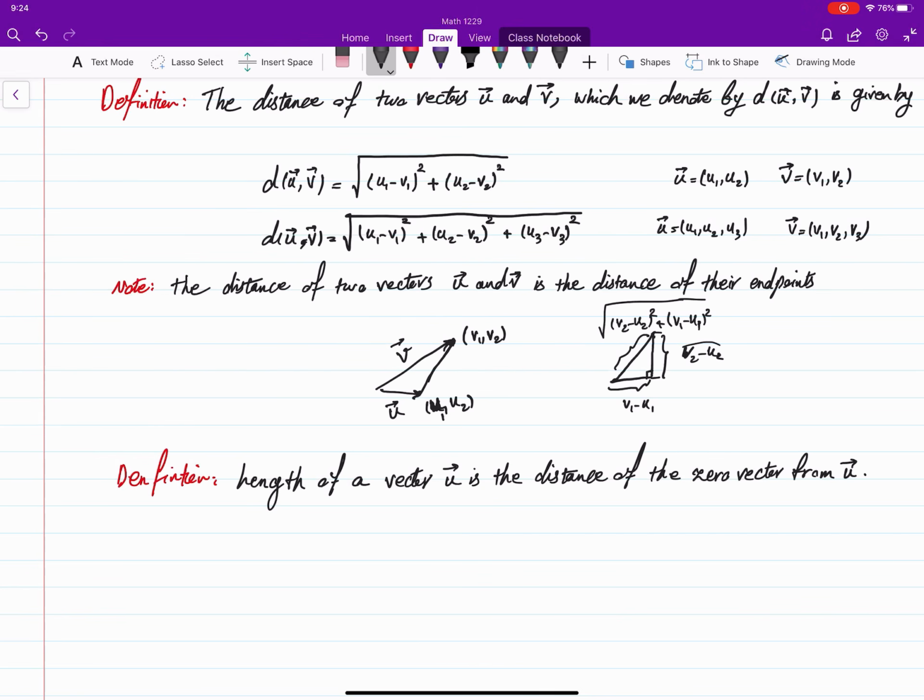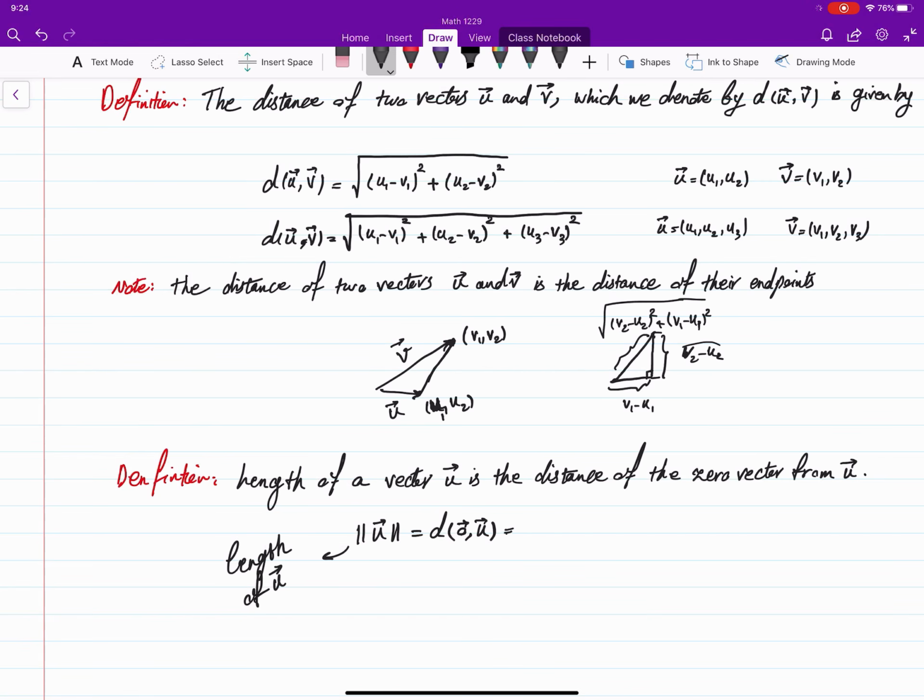Well, this is the notation we use for that. This means the length of vector u. And what this says is that this is the distance of the zero vector and the vector u.